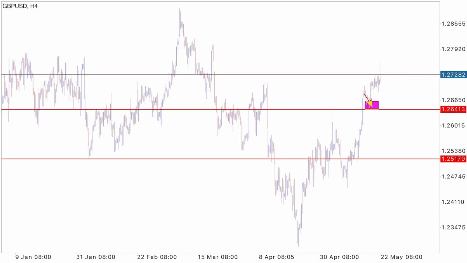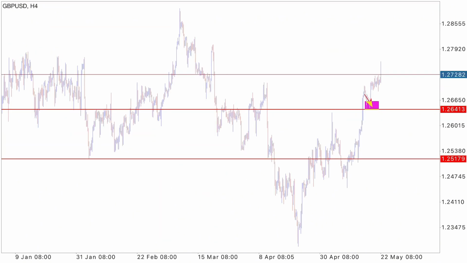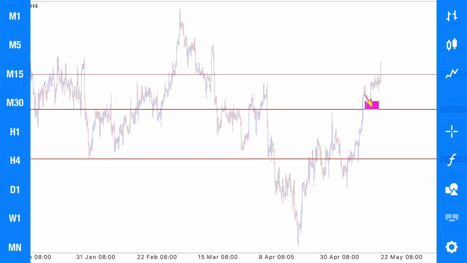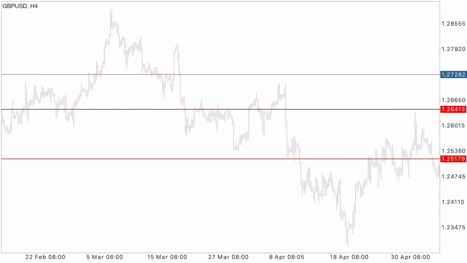Creating this to us as a confirmation of continual buys to the upside, meaning that from any point here, we can actually expect to take our entry points.